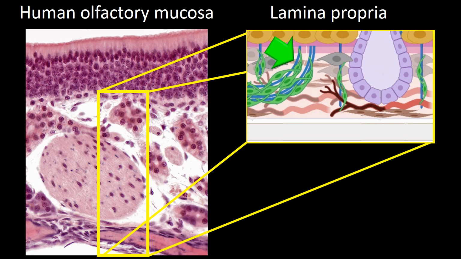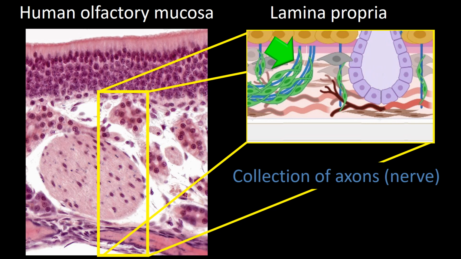The blue lines in the illustration represent a collection of axons forming an olfactory nerve. The olfactory nerve can be clearly seen in this specimen. The axons with the olfactory ensheathing cells form the circular structure I am indicating now.